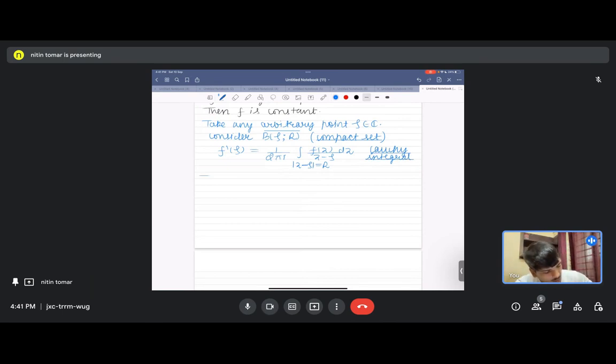So now you have this ML inequality. You must have heard of this. So can I say that this will be 1 upon 2 pi, and do not fix this r. Okay, let's take this curve only. So it will be less than or equal to mod f(z) upon mod z minus zeta.